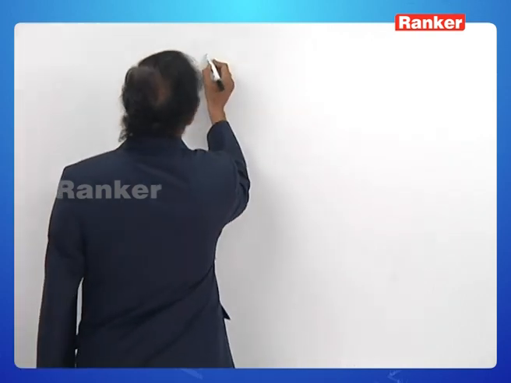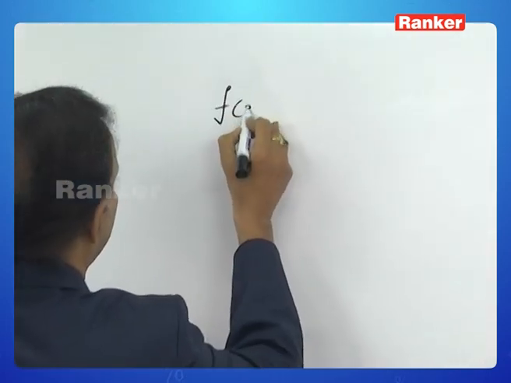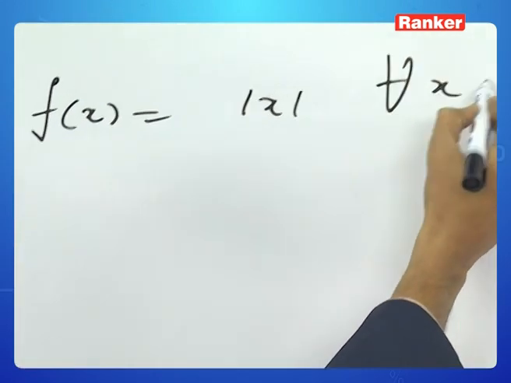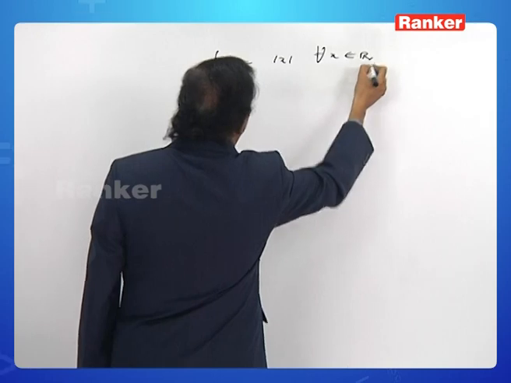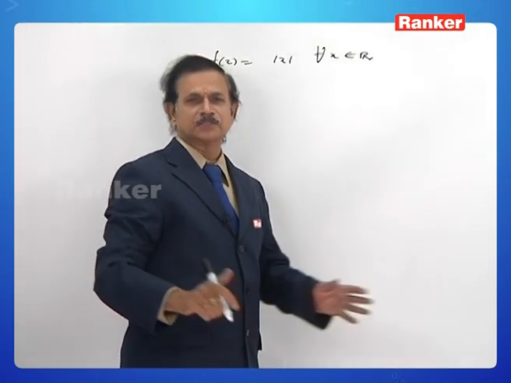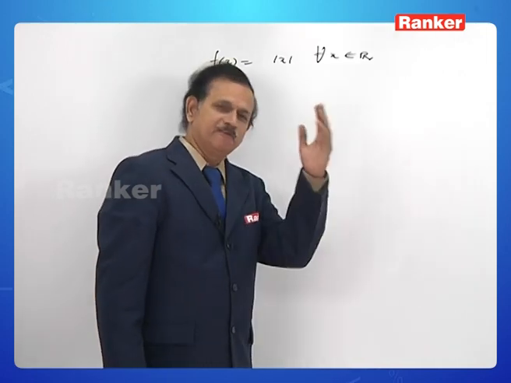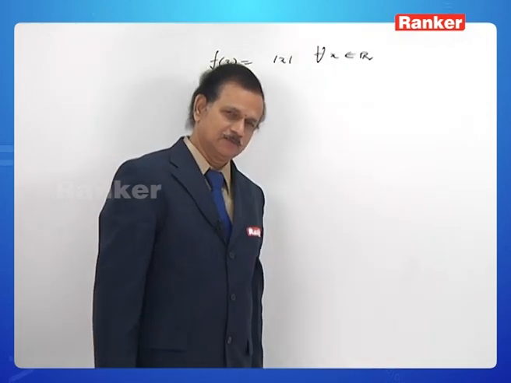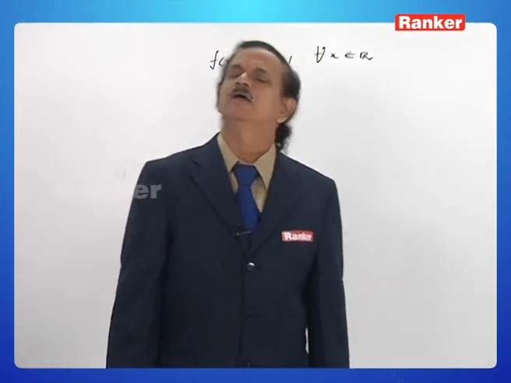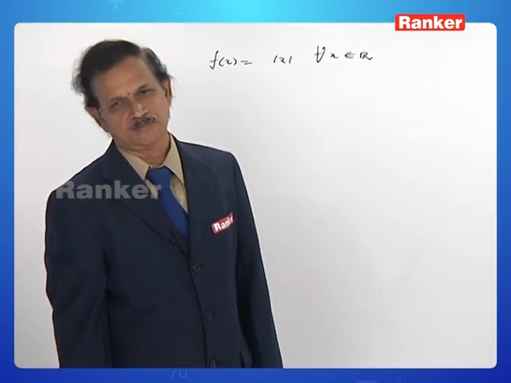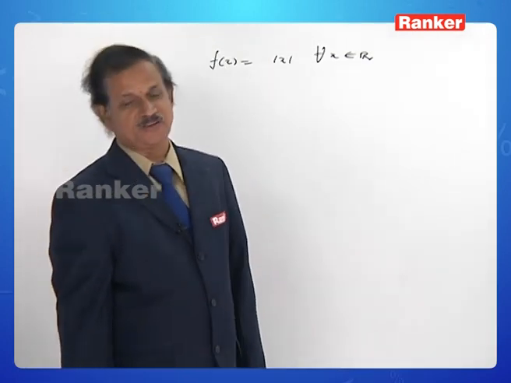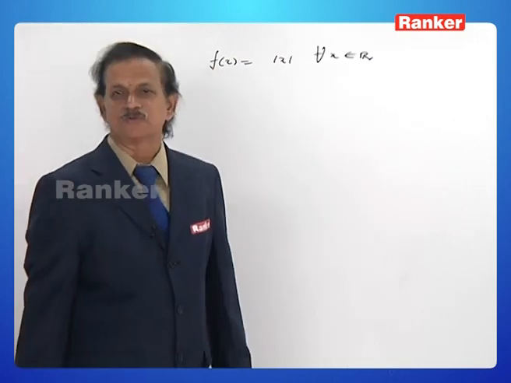Consider f(x) = mod x. We all know that it is everywhere continuous on R. Whatever real number you take, it is continuous on R. Well, let us test its derivability at x = 0.